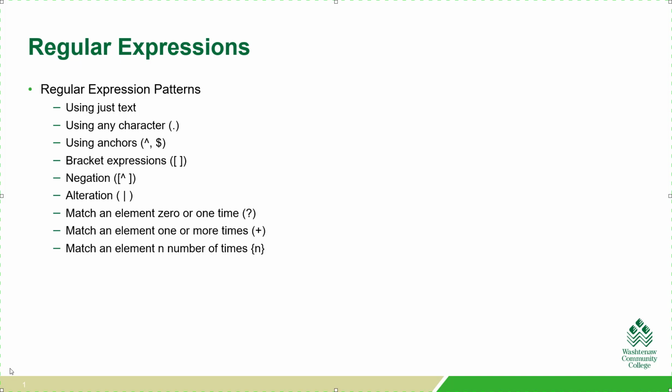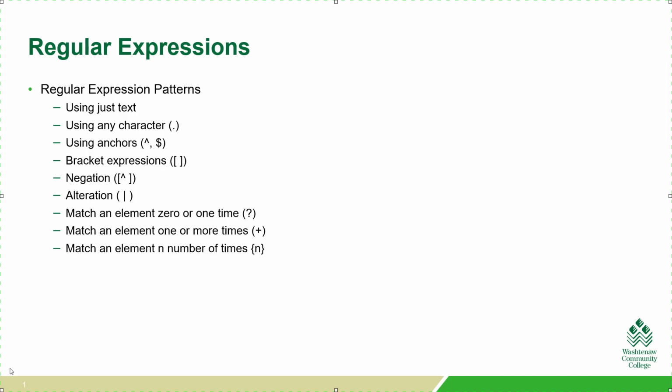We looked at alternation, which was the pipe. It kind of looked like an OR statement. So in our example, we had GZ, or BZ, in front of zip. If you remember those examples, we matched an element 0 or 1 time with the question mark, which was working with the phone number example. Then matching an element 1 or more times was with the plus symbol.